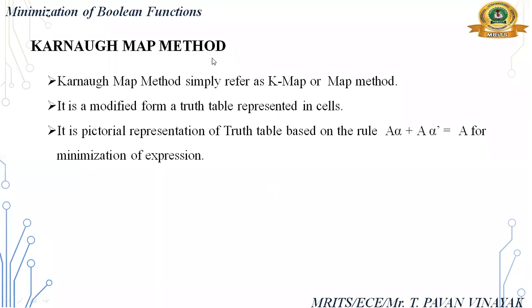For n variables, we get 2 power n cells, because for n variables, 2 power n combinations of the truth table are possible. So 2 power n cells are available. How to arrange those cells? Let us see how to arrange those cells.